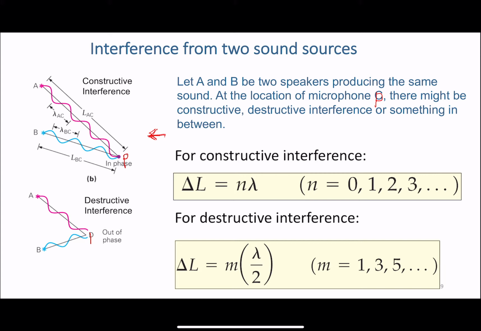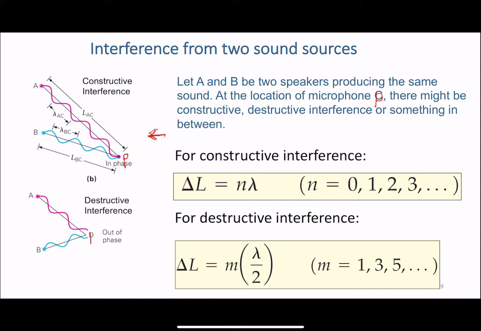And as a result, the waves will reinforce each other, and that will cause the air to vibrate with a larger amplitude at P, and that would cause a loud sound at P.